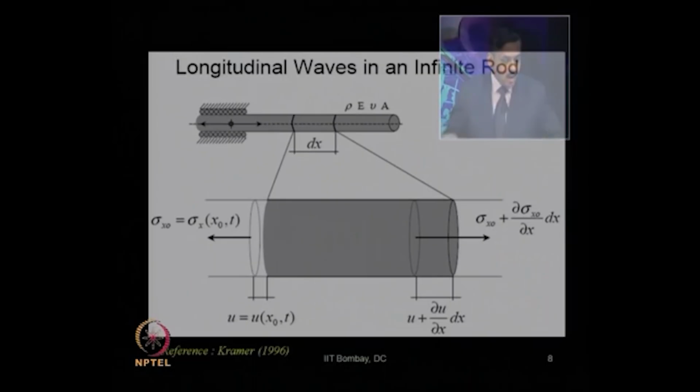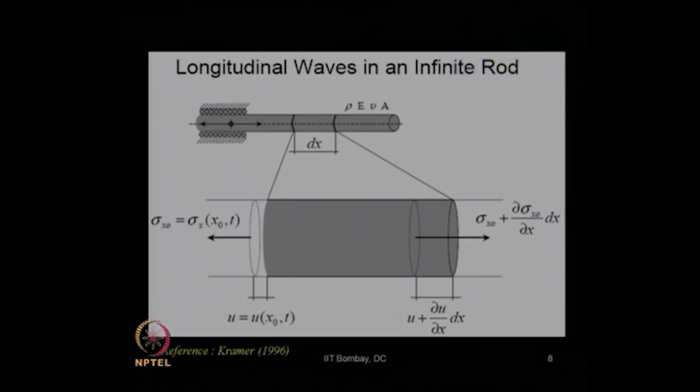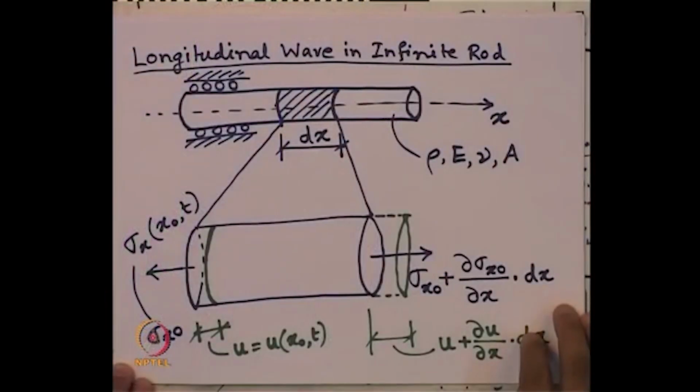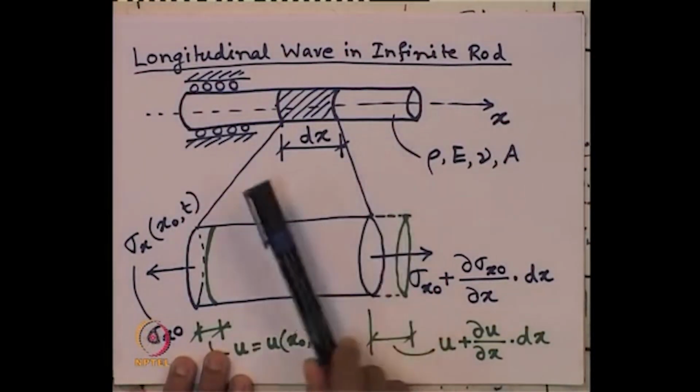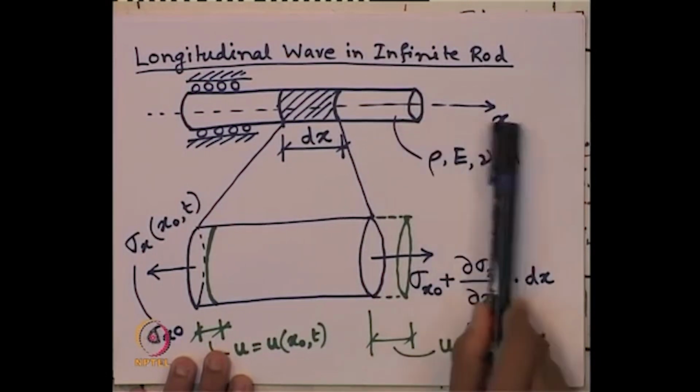Then in the previous lecture, we derived this, we can see in this derivation, how this longitudinal wave travels through an infinite rod. We have taken this infinite rod in the x direction, only one direction.